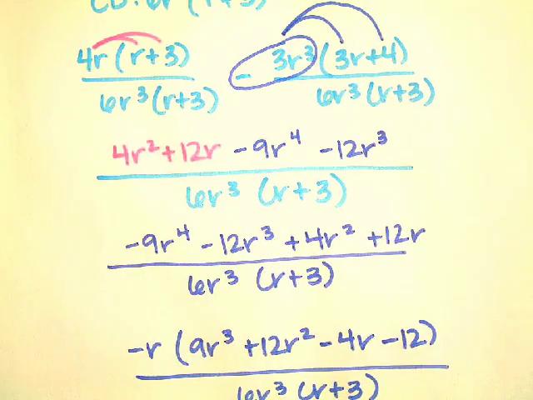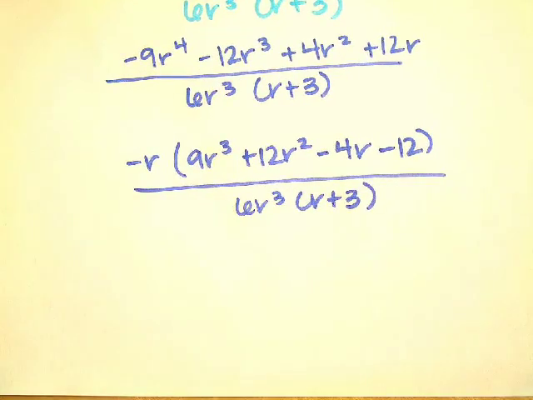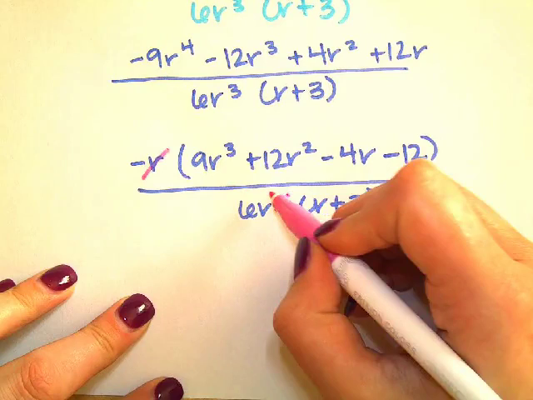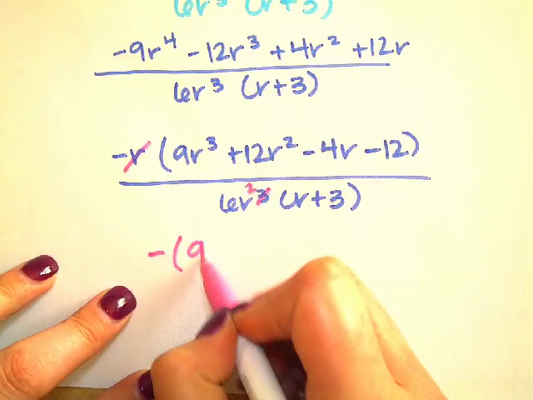We're working on it. Oh, there we go. And we're back. All right. So take an R out. You can leave the negative in the front if you want.